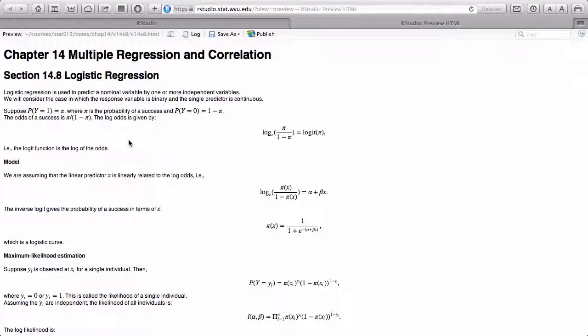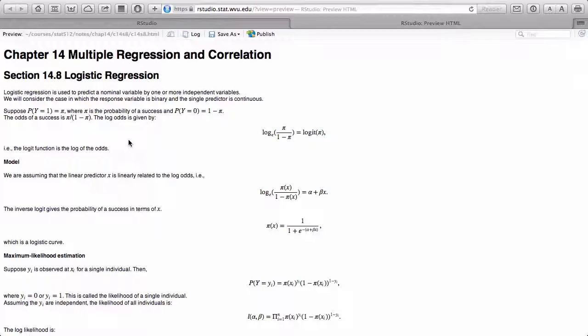Now we talk about the concept of an odds. The odds of a success is pi over 1 minus pi. But we're going to work with the log odds. And there's a reason why we work with the log odds.